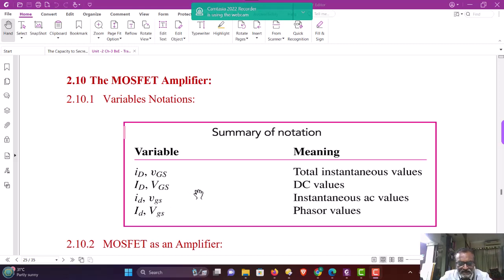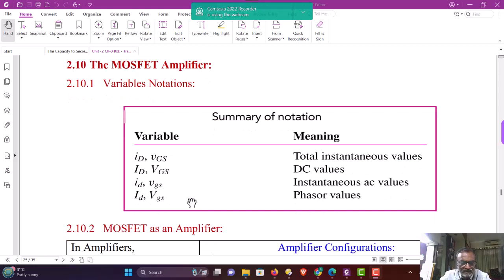The small case letter like iD, where D is in lowercase, like vGS, the subscript is in small case, is a time varying quantity or instantaneous AC value. Whereas the combination of capital letter and small letter indicates the phasor value or RMS value.